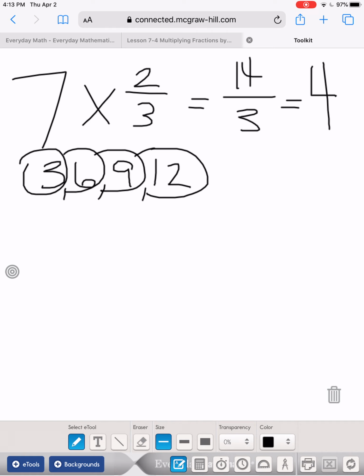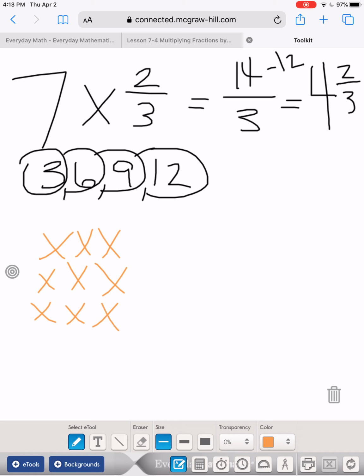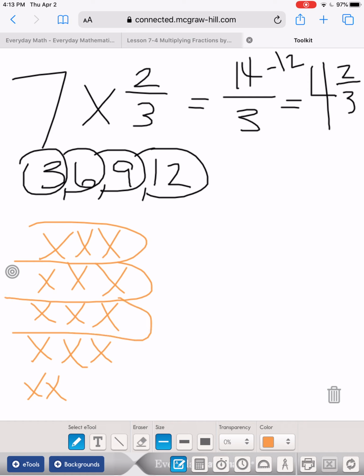And since 4 groups of 3 is 12, I need to subtract that from the 14, and I'm left with 2/3. Okay? Or we could draw the picture. 1, 2, 3, 4, 5, 6, 7, 8, 9, 10, 11, 12, 13, 14. So I have 1 group, 2 groups, 3 groups, 4 groups, and then 2 left over.